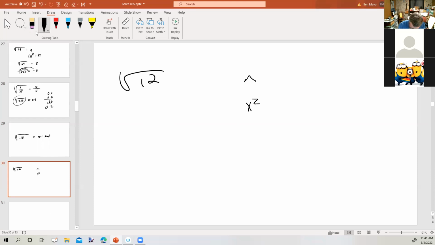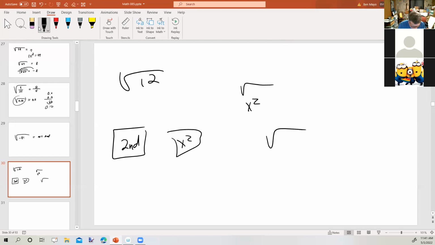The second function of x squared is a square root button. Be careful, because the second function of the little caret is the xth root, and we'll talk about that later. So we want the square root button. To get the square root of 12, I'm going to go second, and then the x squared, which will then access this. Okay, so second, and then this is what shows up.